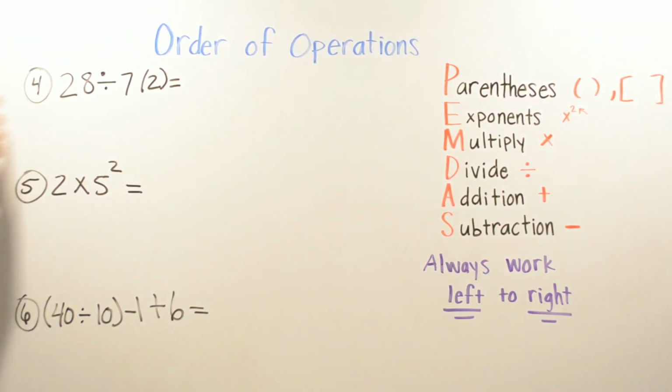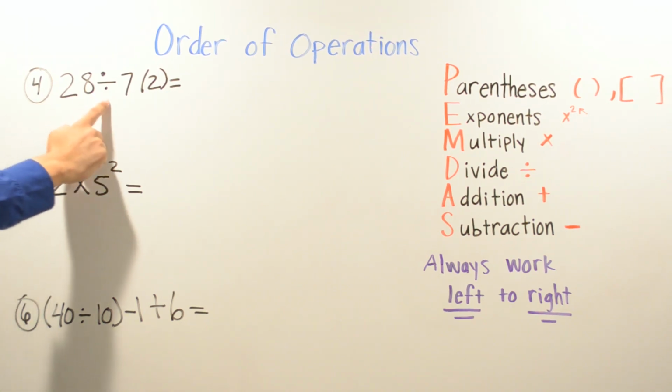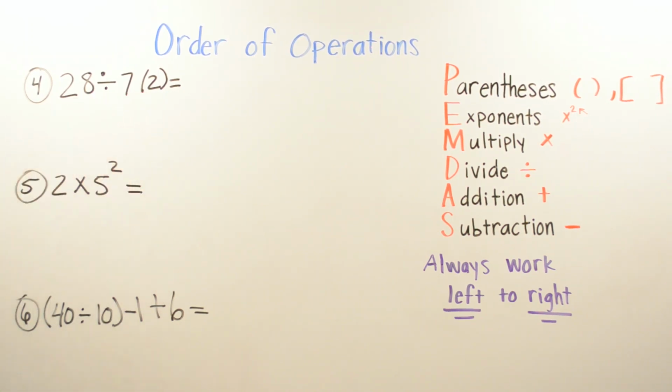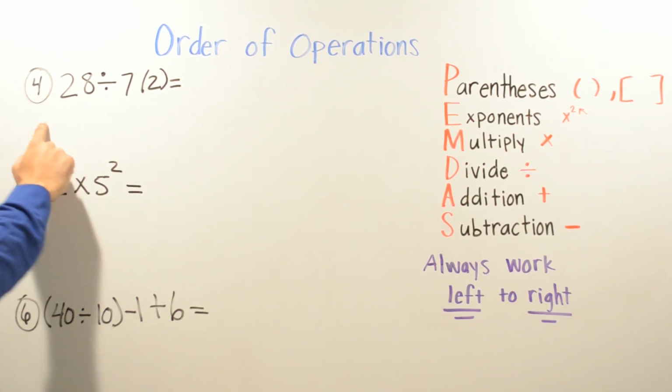On example number 4, we have 28 divided by 7 multiplied by 2. If we go to the right hand side, remember, please excuse my dear Aunt Sally, or PEMDAS, it says you multiply first and then divide. But remember, I told you that we always work from left to right.